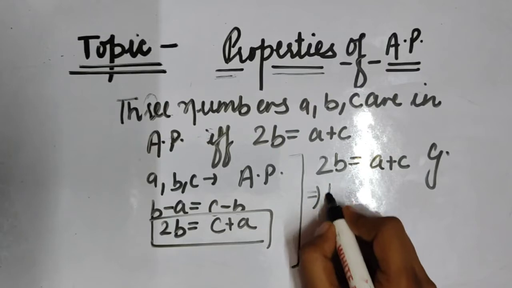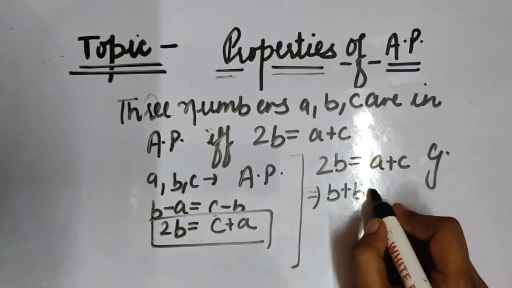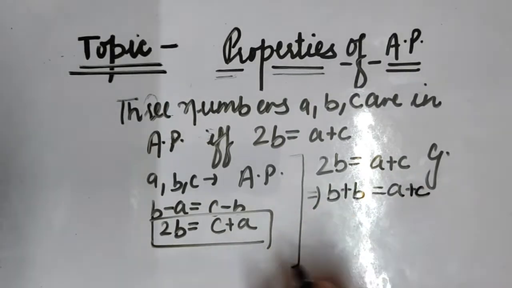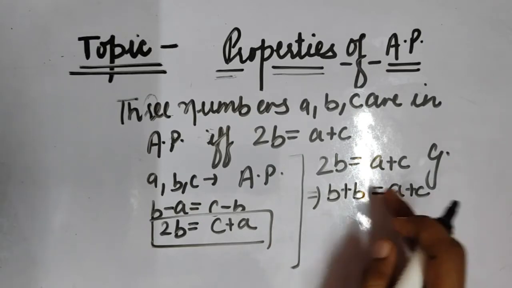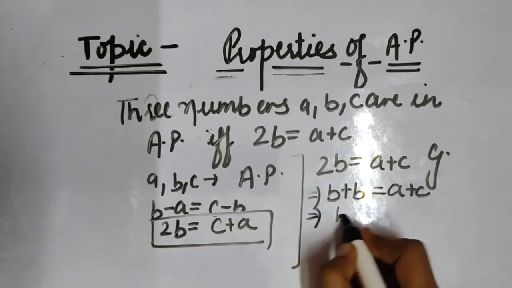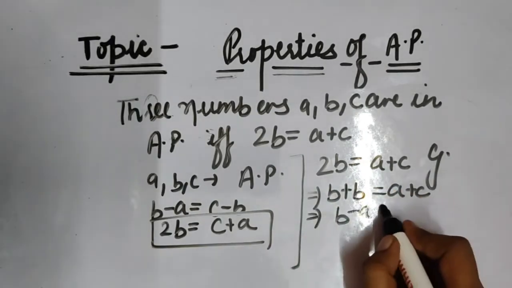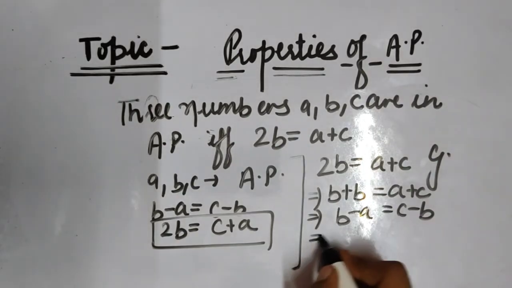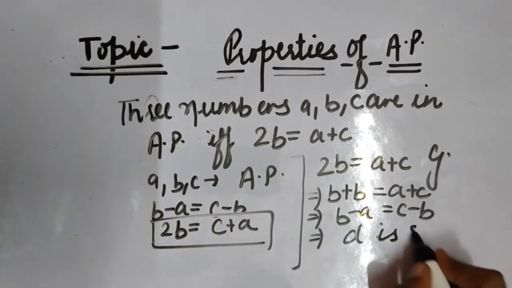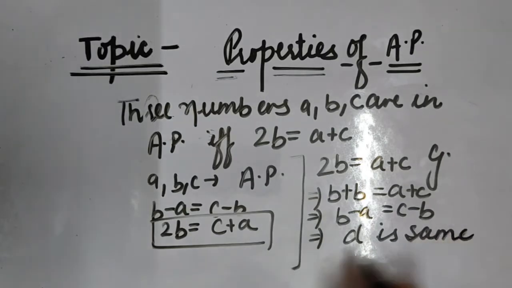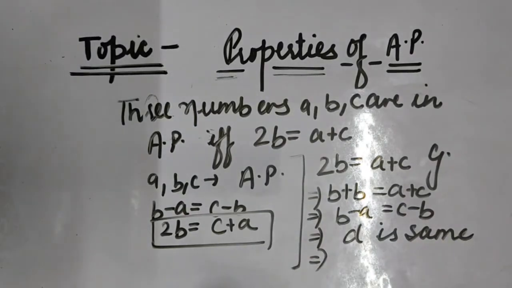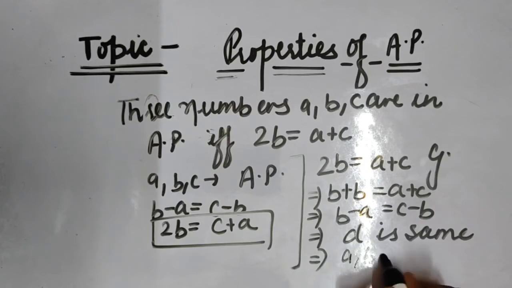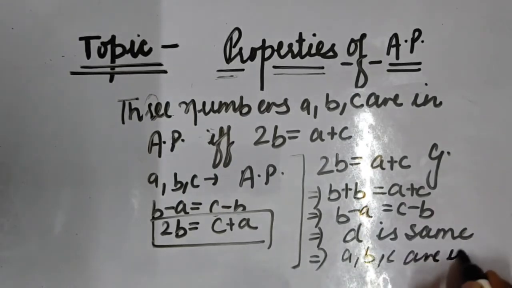Can I say 2B, B plus B, equals A plus C? Now do one thing, bring A here, B minus A, and take one B there, equals C minus B. If we have got B minus A is equal to C minus B, then what can we say? D is the same, the common difference is the same. So what we can conclude from here? That A, B, C are in AP.